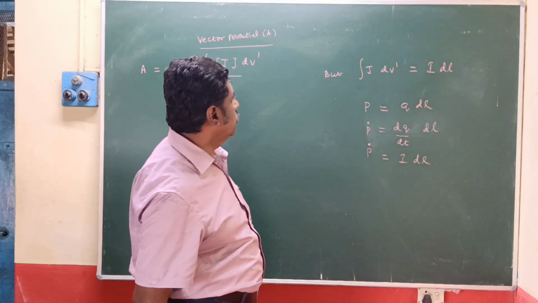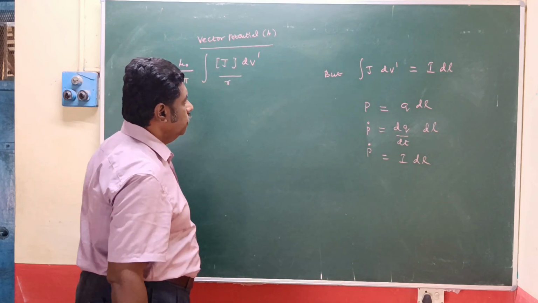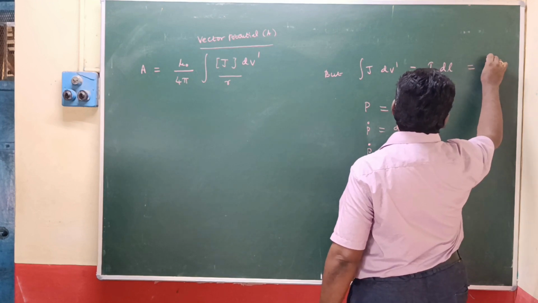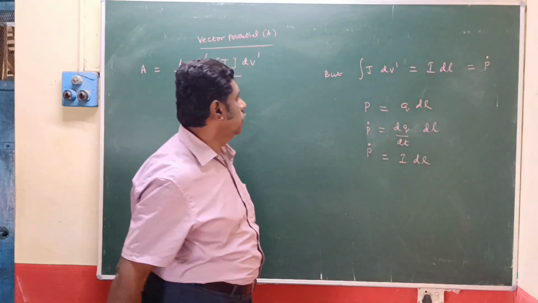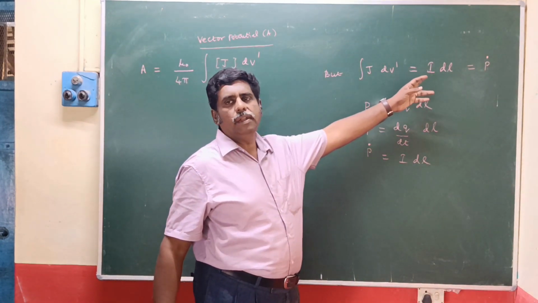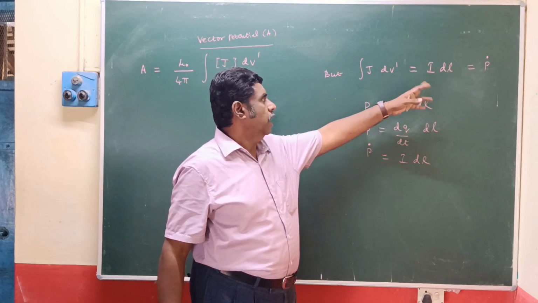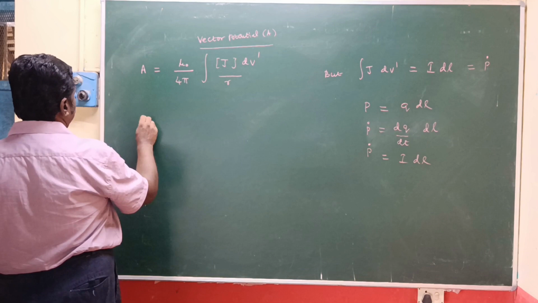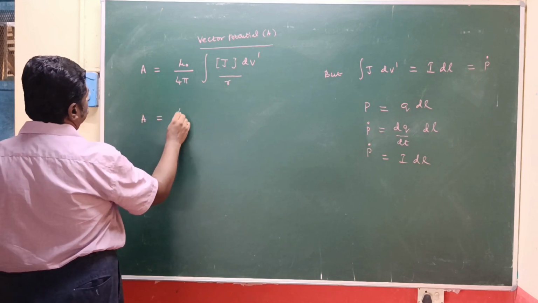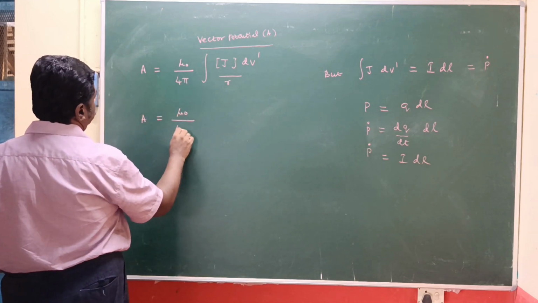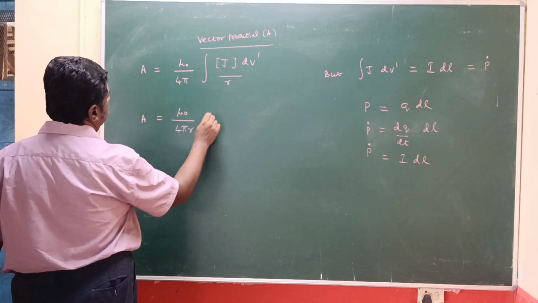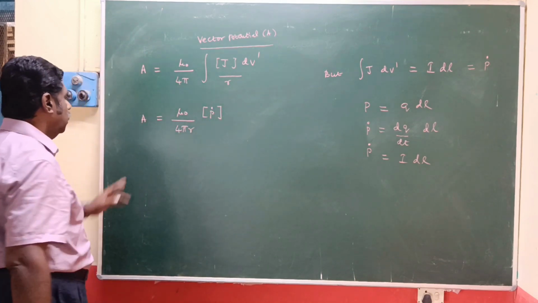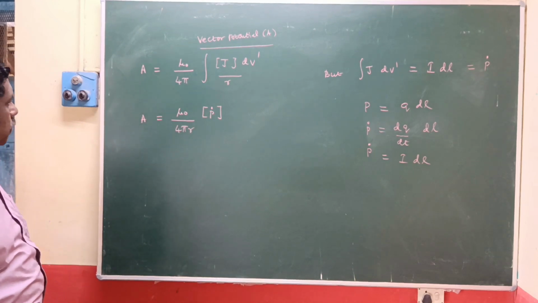So instead of j dv dash, we may put P dot. Actually, integral j dv dash is equal to I times dl, and I times dl is replaced by our P dot. So the vector potential A is mu naught divided by 4 pi r, times P dot inside the square bracket. This is the value of vector potential.